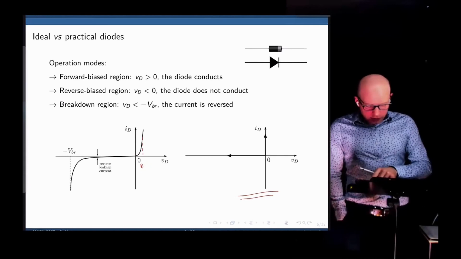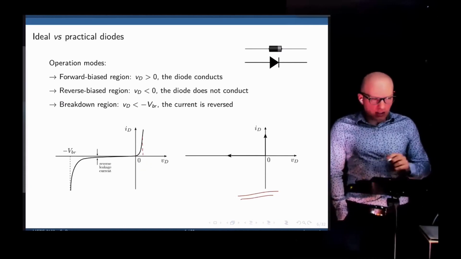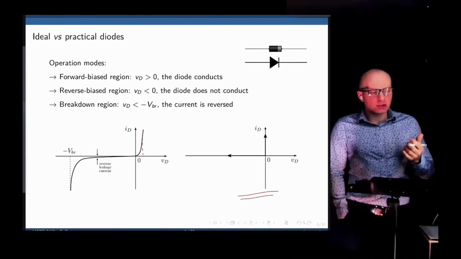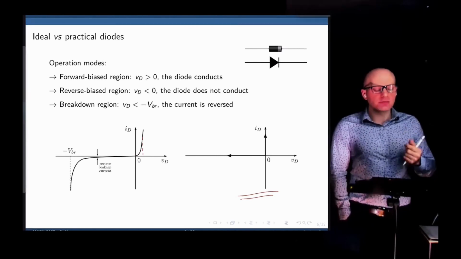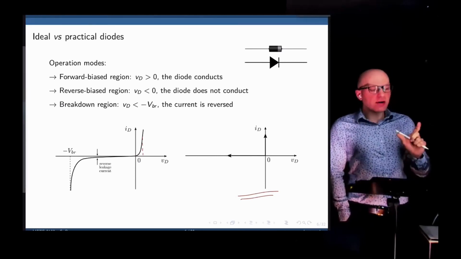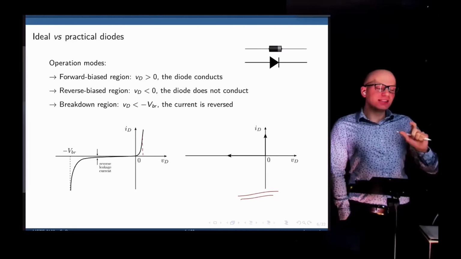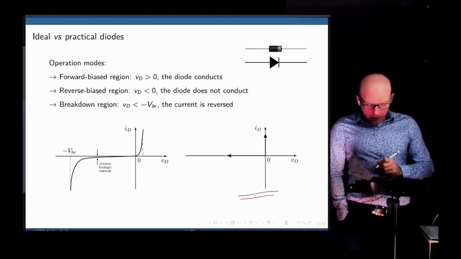Another consideration with practical diodes is that if we reverse the voltage, we have a reverse biased diode, but if that voltage is very high, there is a breakdown region where the current will indeed flow.